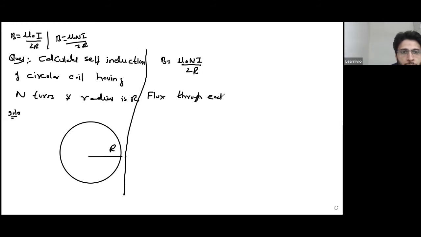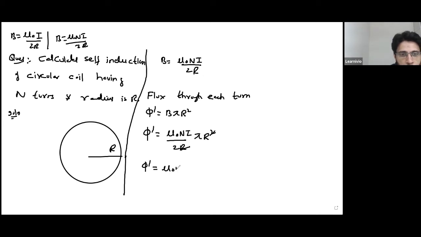The flux through each turn is phi prime, which is magnetic field multiplied by the area of the coil, pi r square. So phi prime is mu naught n i over 2R into pi r square. The r square will cancel this R. Phi prime comes out to be mu naught n i pi r by 2.